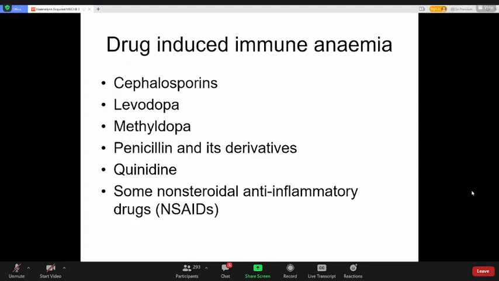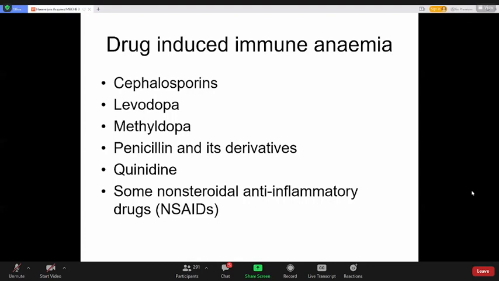All right, so drug-induced immune anemia, many drugs. Again, this is going to be handled in third year when we specifically look at certain drugs where one of the side effects is drug-induced immune anemia. Mechanisms are different.